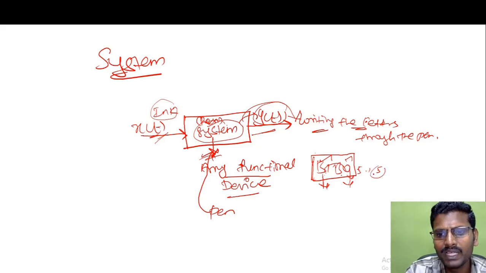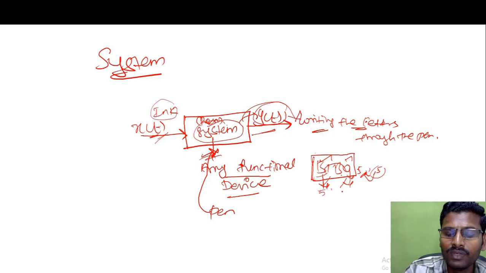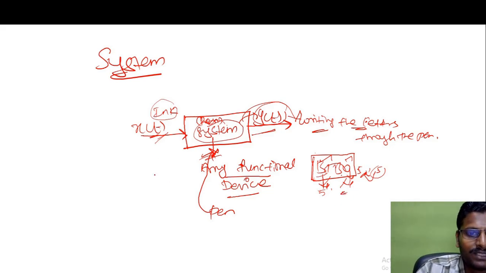The output will depend upon the input. But in the other category, we will have bounded input but different output: 5 inputs and many outputs, or fewer outputs than the number of inputs, right? So this is the basic definition for the system.